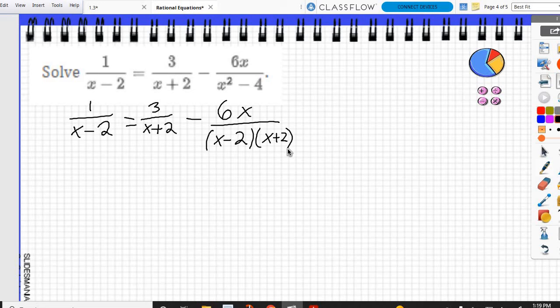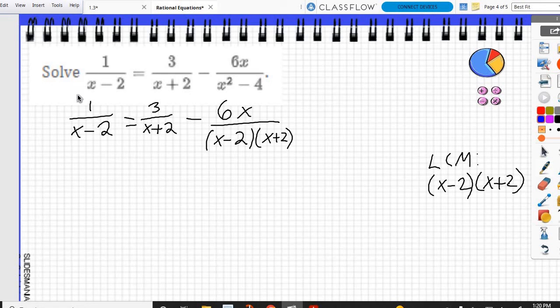Okay. Well, that's nice because what are my other two denominators? Those things, yes? So notice that for our three things, our least common multiple is just going to be x minus 2 times x plus 2. Because x minus 2 for my first one will go into that, x plus 2 for my second one will go into that, and itself will go into it, right?